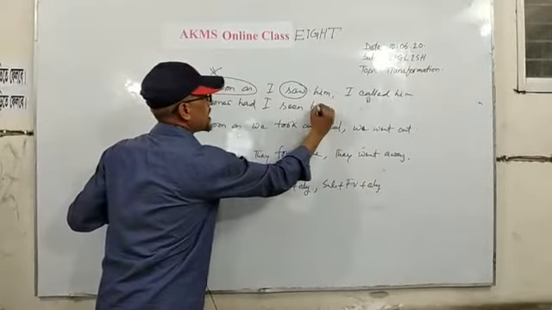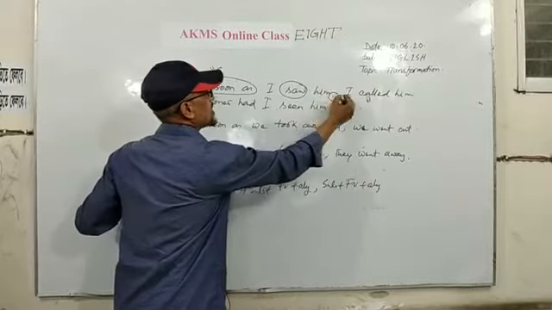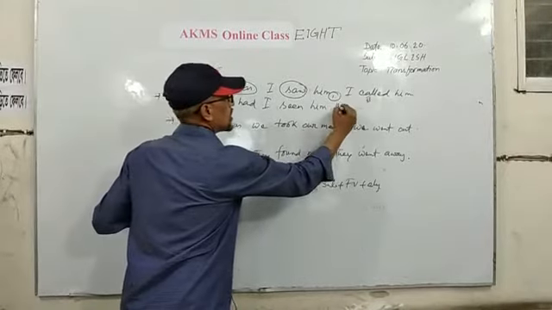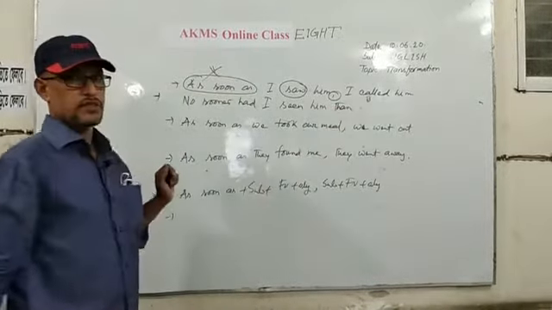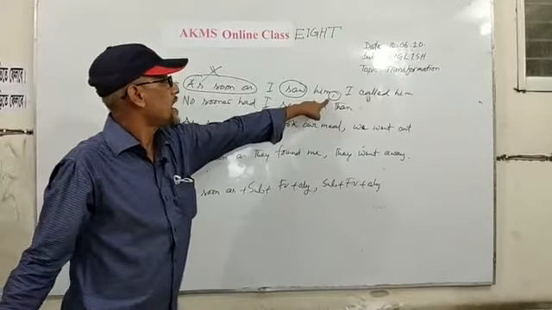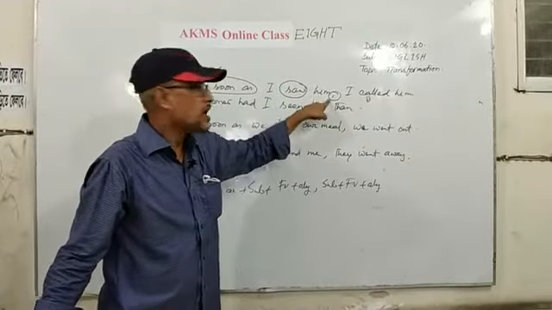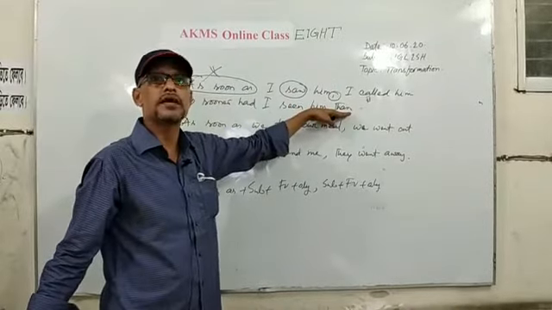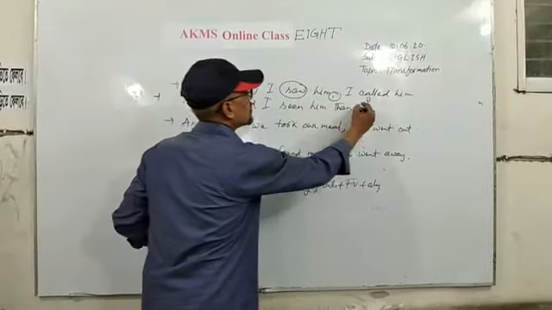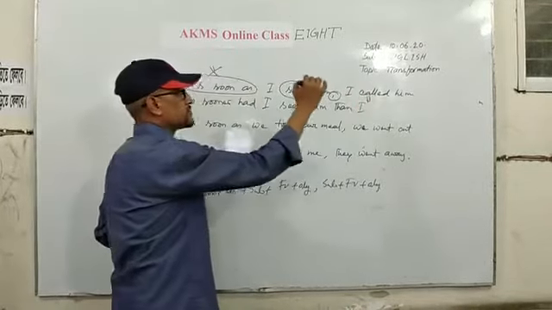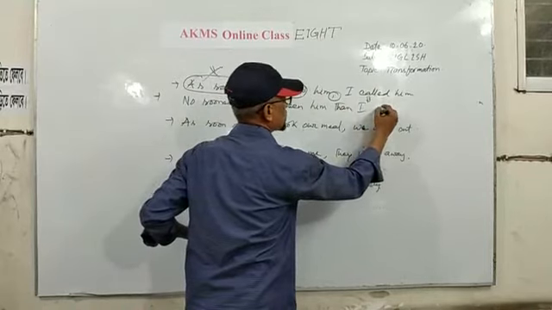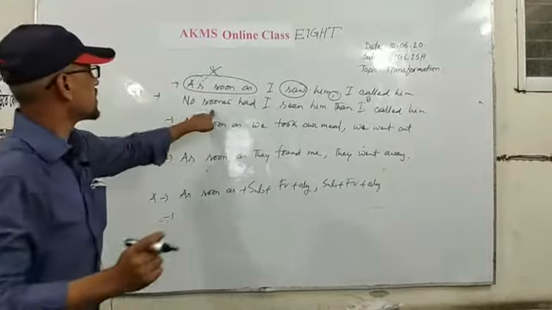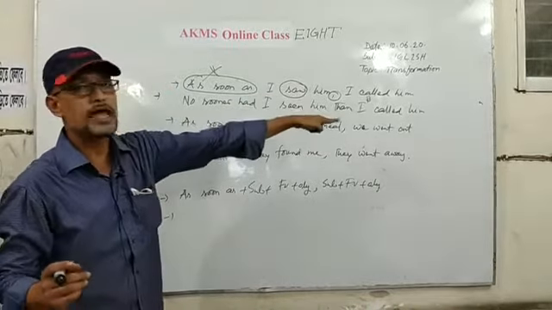No sooner had I seen him, I will erase the comma and use "than" in its place. Then I will write the second clause: subject, and the past form of the verb. No sooner had I seen him than I called him.